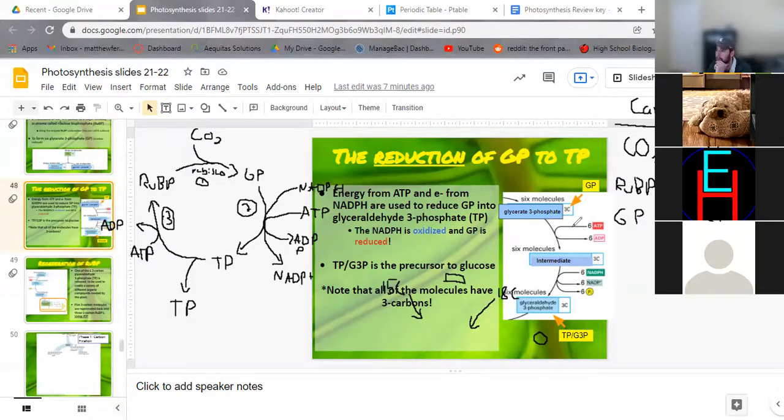Now looking at this drawing here, at any point in time, did I add or subtract anything carbon-wise?